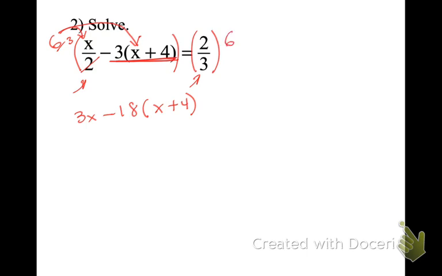And then we have to multiply this term. 3 goes once, it goes twice. 2 times 2 is 4. Okay, hopefully I did everything right there. So I've got 3x, and then we had 18 times the quantity. And now here it goes twice. 2 times 2 is 4. Now we're ready to distribute.